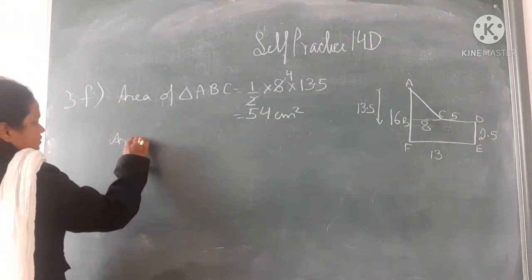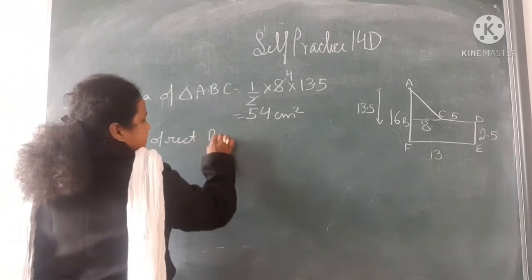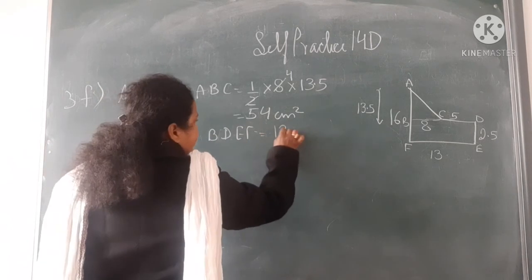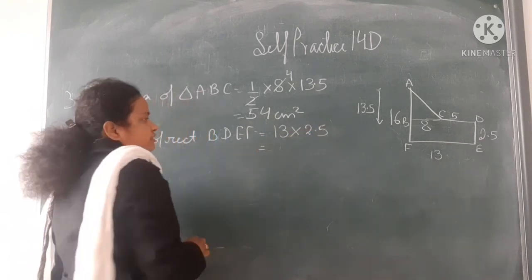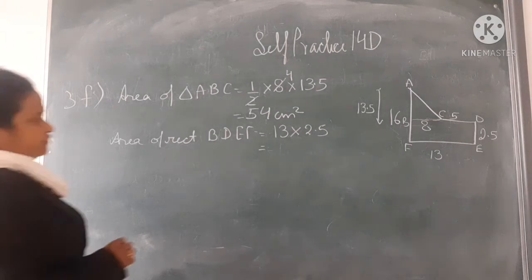Then the area of rectangle BDEF, that is 13 into 2.5.